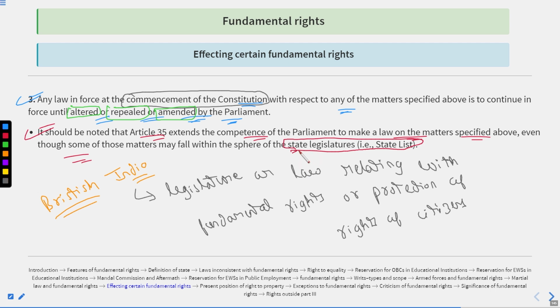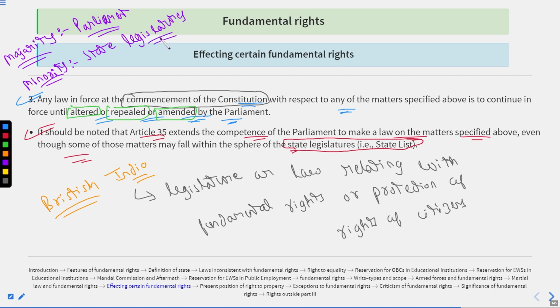Okay, it means that the majority section, if we talk about it, is with the Parliament, and only the minority lies with the state legislatures. Got it?